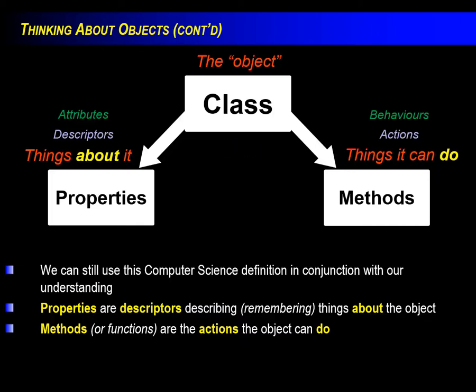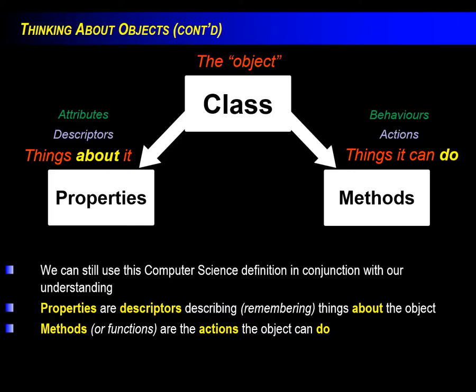Now, if this was English class, let me back up a step. If this is Mr. McWilliams' class right now, and I said this is a noun, what would this be? What's a language arts term for things that describe a noun? The adjective. That's correct.